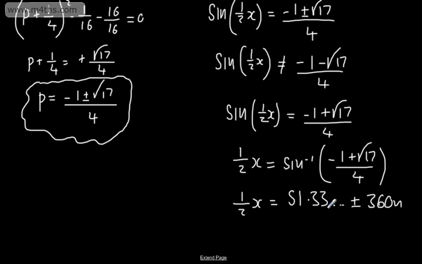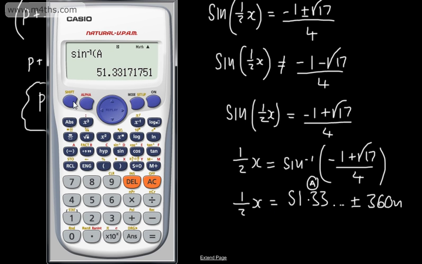I'm just going to store this one in as A. You could store it as B and the next one as C, but I'm going to make my life slightly easier. What we now get by symmetry is 180 minus that answer, and that gives me 128.668.